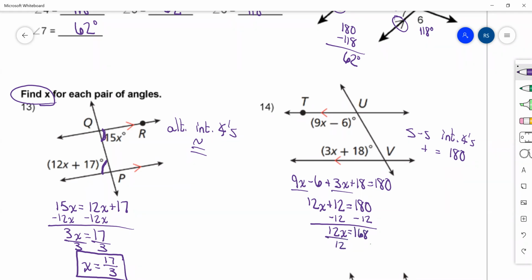Divide by 12. And you'll get that x equals 14. Again, they just asked for x, so we're done.